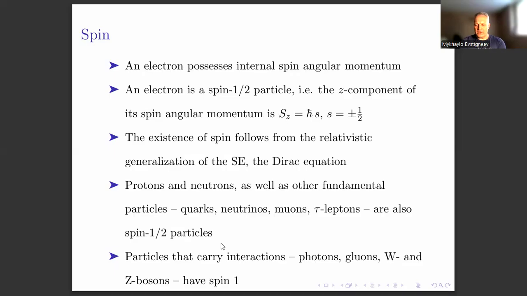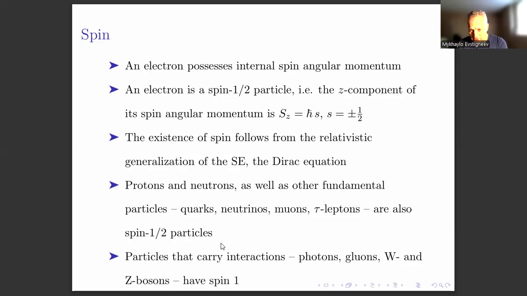But there are also other types of interaction, strong interaction and weak interaction, and they are mediated by particles called gluons for strong interaction and particles called W and Z bosons for weak interaction. All particles which mediate interaction, photons, gluons, W and Z bosons, all of them have spin 1.